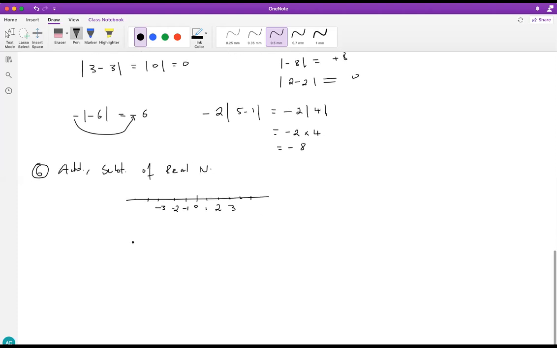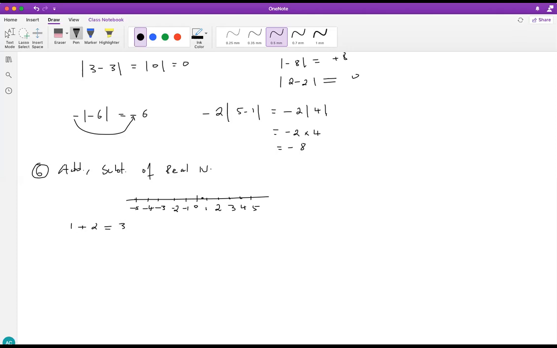Okay, let's start with some simple examples. We all know, for example, let's add a couple more numbers here. Start with a very simple example of 1 plus 2. We all know that's 3.